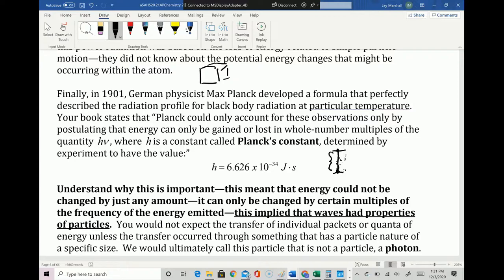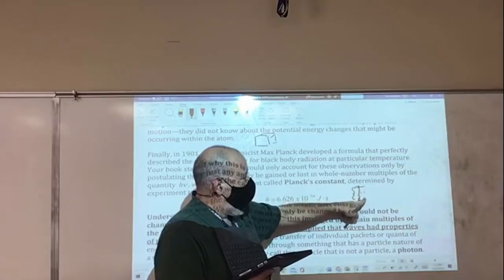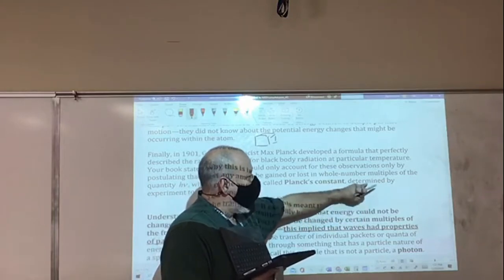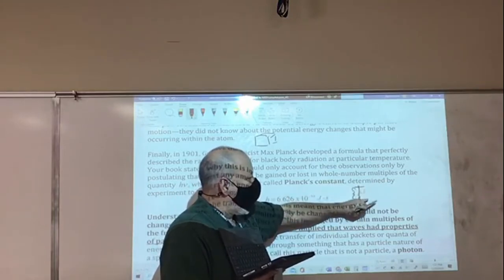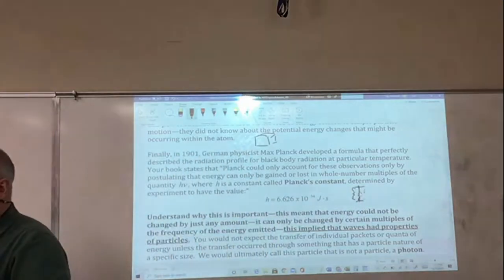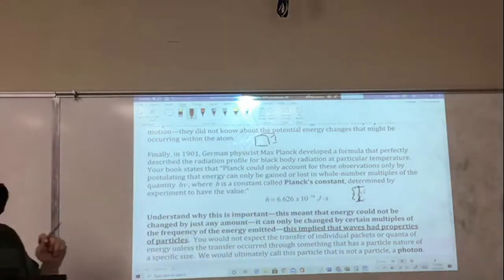Energy can only be gained or lost in whole number multiples of this quantity. I can only lose energy from here to here. I can't lose energy from here to here, or from here to here, or from here to here. The loss of energy is not continuous. It's incremental. It's quantized.